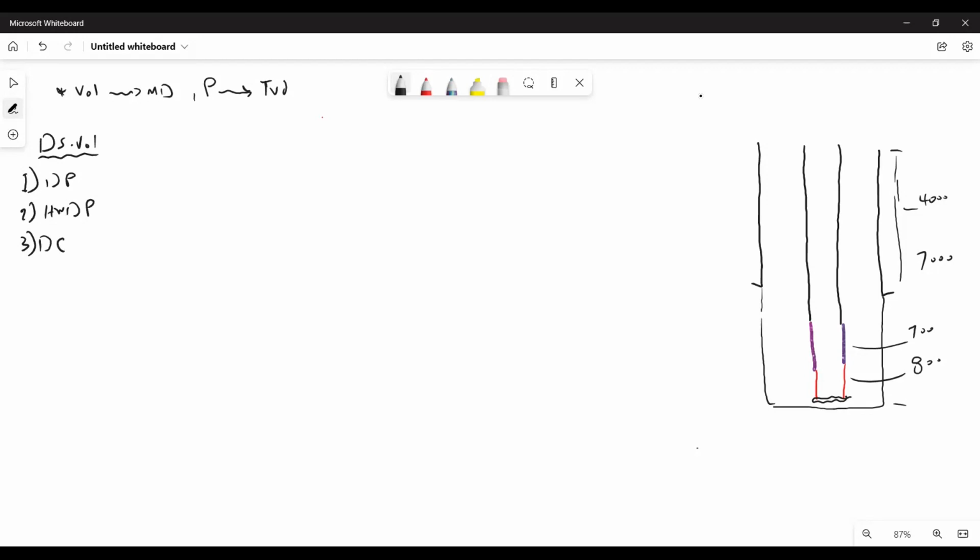Let's talk about the first volume, drill pipe volume. So guys, how to calculate the length of the drill pipe? We have the total TVD, we have the casing shoe TVD, we have the length of the heavy wall and the length of the drill collar. So how to calculate this length of drill pipe?